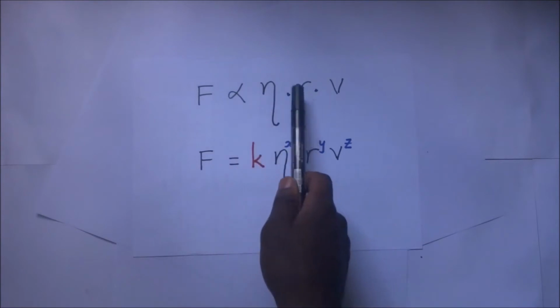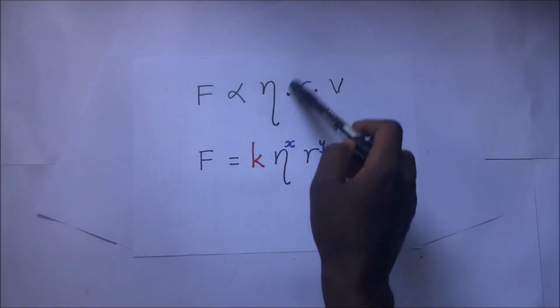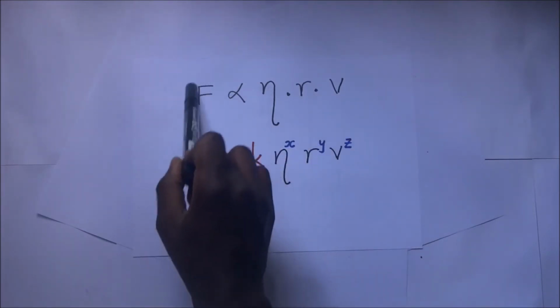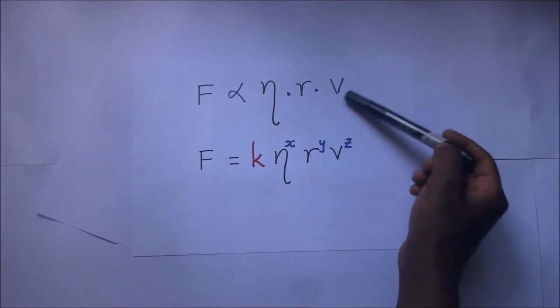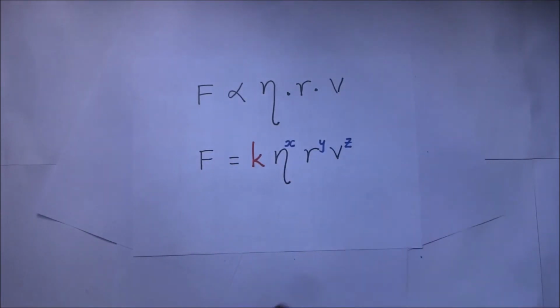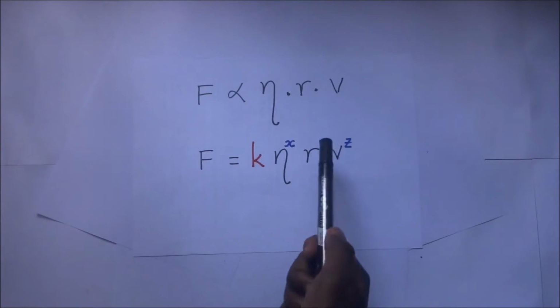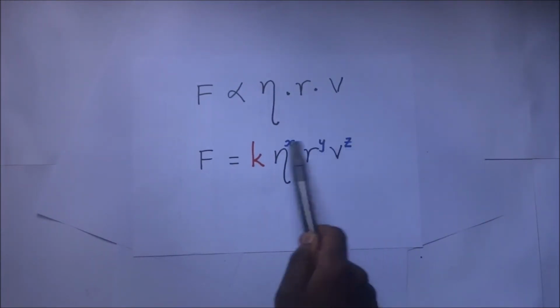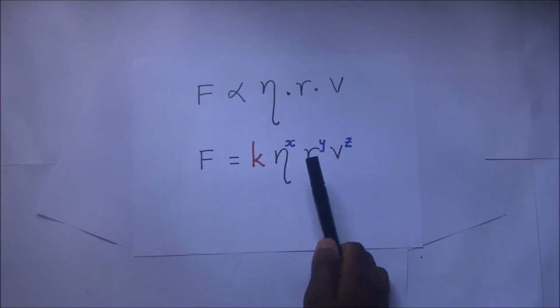It also has something to do with the radius, the size of the solid sphere, and also with the velocity with which it is falling. Now, we do not know whether these are directly proportional or inversely proportional. We need to investigate by determining the indices X, Y, and Z. And that is what we are going to do right now.